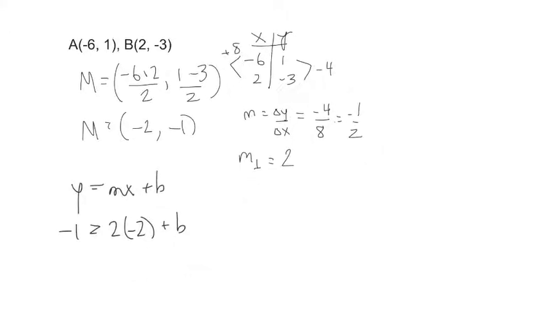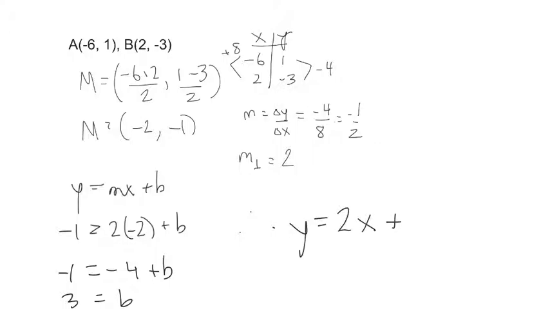Keep working that out. -1 = -4 + b. Add 4 to both sides and get 3 = b. So now my equation is y = 2x + 3.